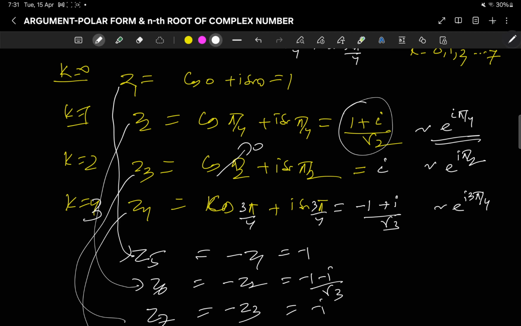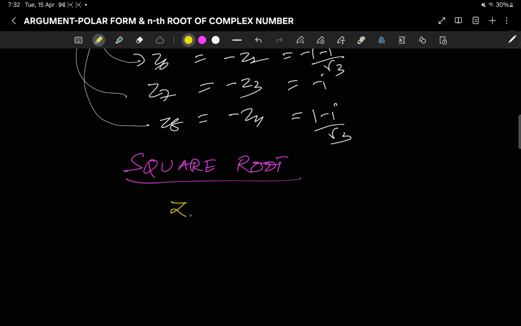Okay. Find the square root. Suppose you are given z is equal to x plus or minus i y. So this is my sign of y. Okay, or I can write it x plus i, plus or minus y, I can write. So this is my sign of y. Right, sign of y. So what is the square root of z?